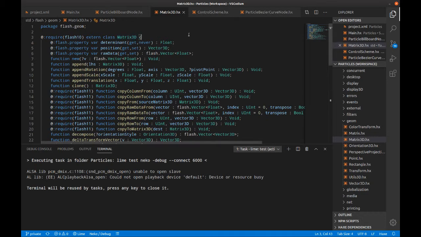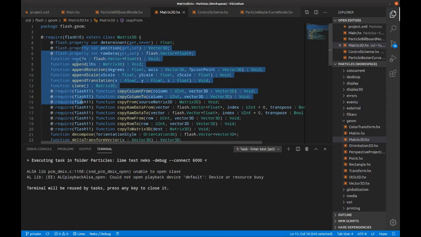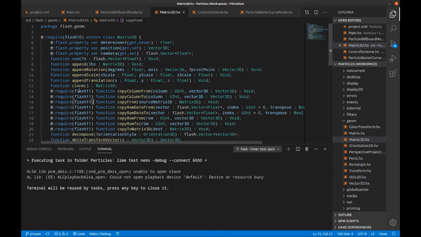A 3D matrix contains information about positioning, like move 10 units downwards and 5 units sideways. Rotation, spin 30 degrees left. Scale, scale it up a few times, a little bit until it's visible. Whatever.